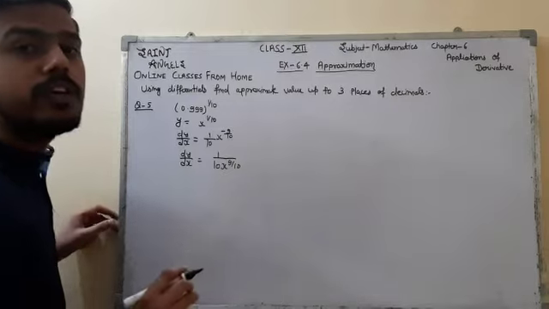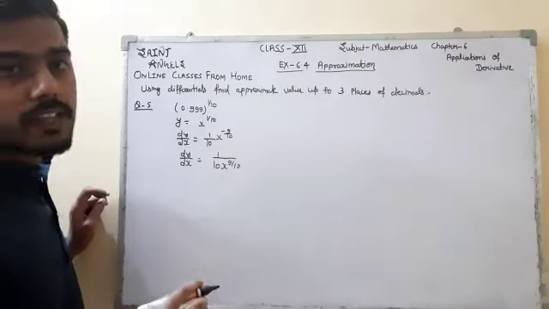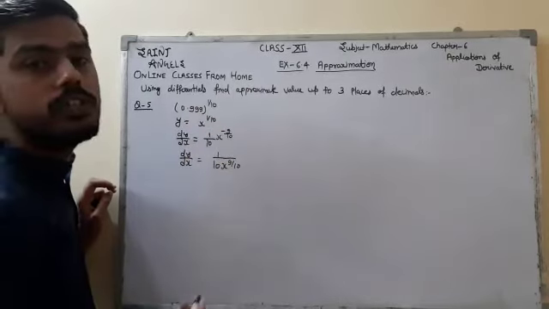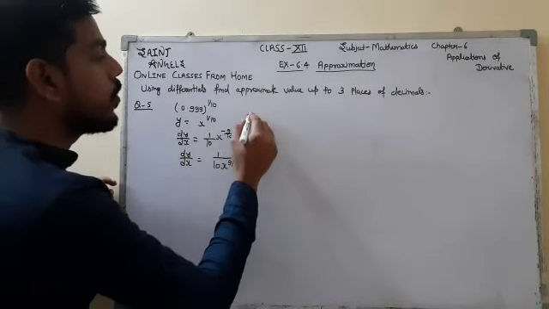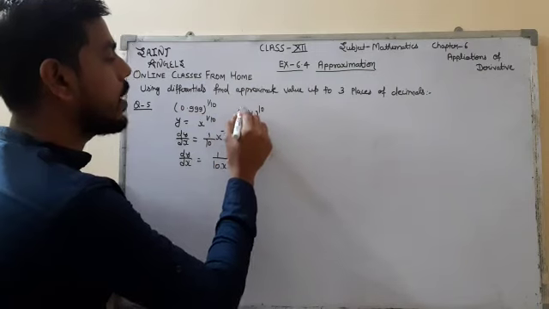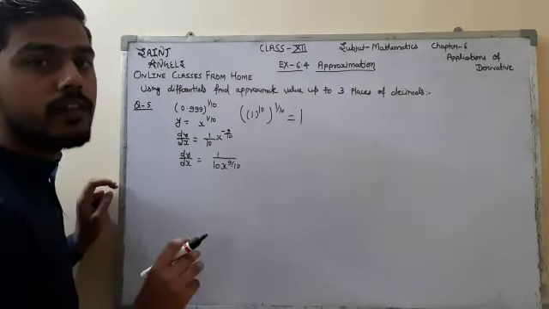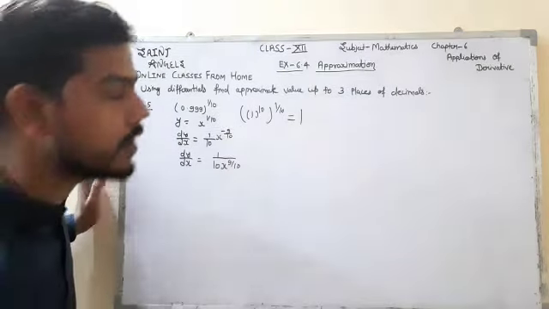Now what would be the perfect value of x? What is the nearest number whose 10th root is known? We know that 1 raised to 1 upon 10 equals 1. So my perfect value of x here is 1. Okay student.